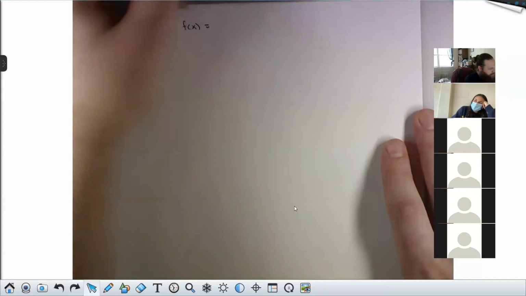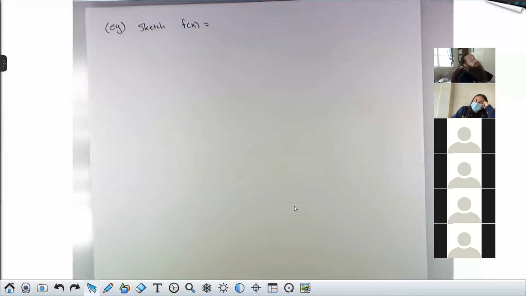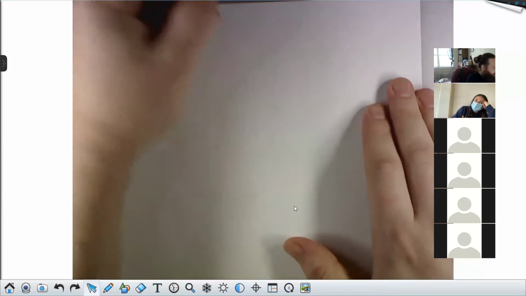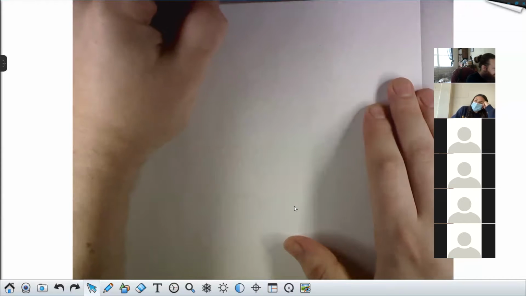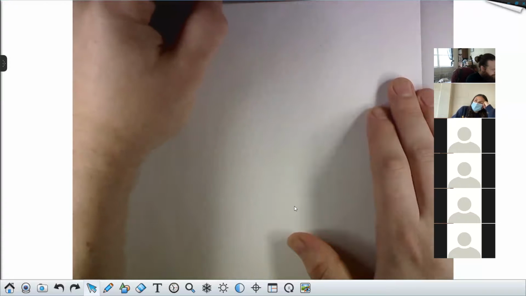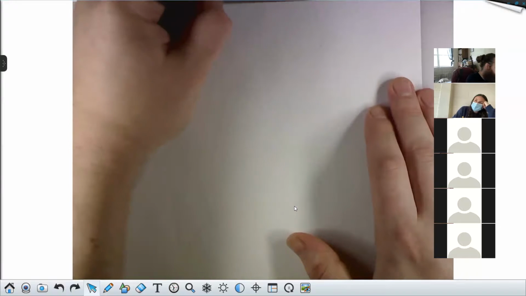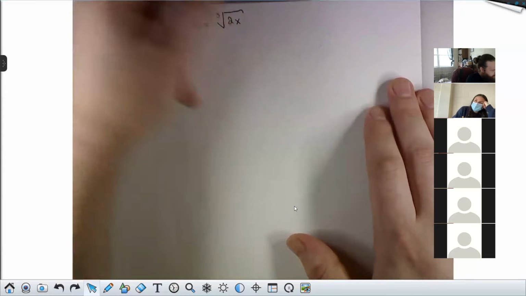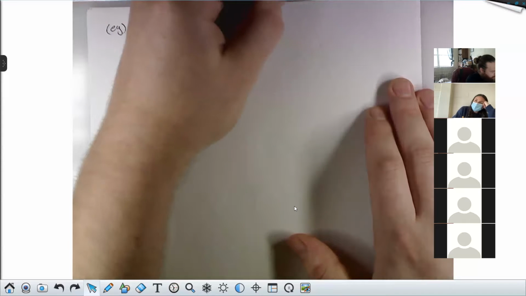F of x equals maybe a cube root. Sure. Or well, let's do a cubing function maybe. No, let's do a cube root. Yeah, let's do a cube root of 2x by plotting points.